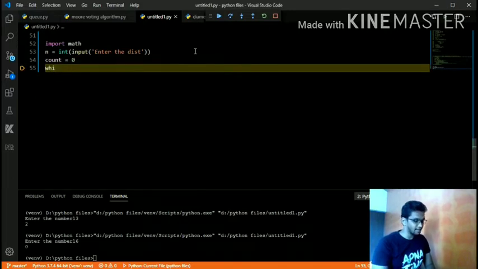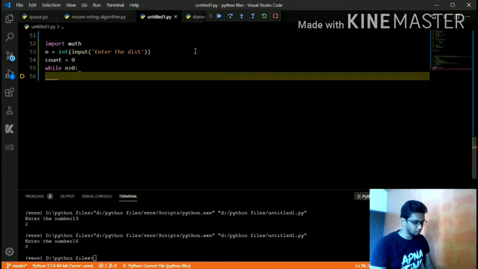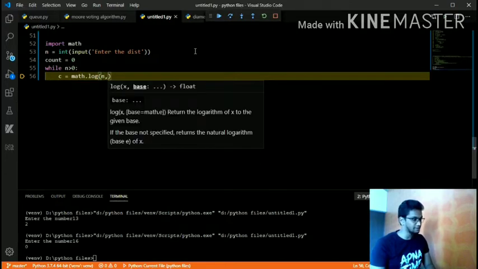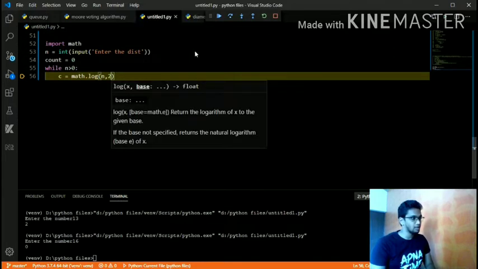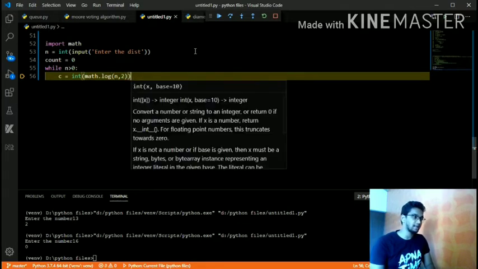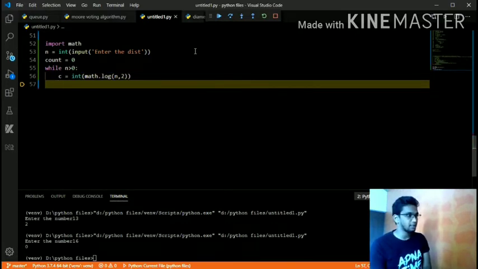Now I'll take a while loop, while n greater than 0, do some operation. I'll take another variable c, initialize it to math.log of that number n to the base 2. And I'm going to take the integer part of it, just because logarithms will lead to floating point digits and we want just the integer part, the real logarithmic part. That's why I'm going to take the integer part of that.